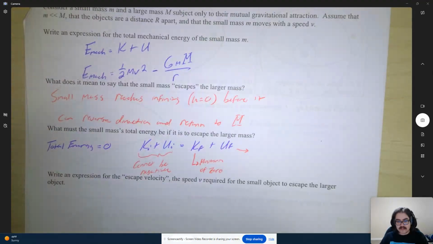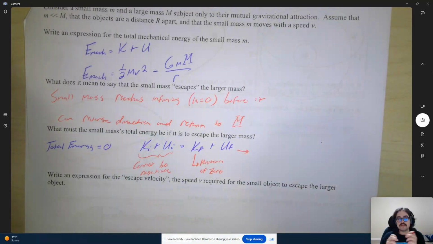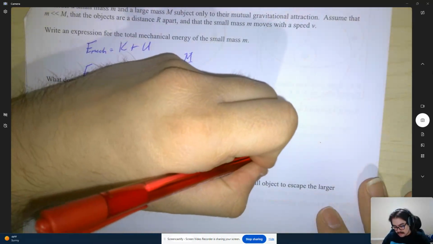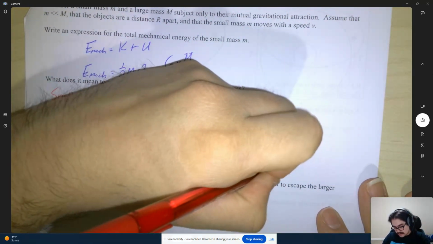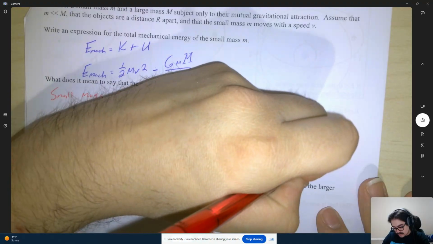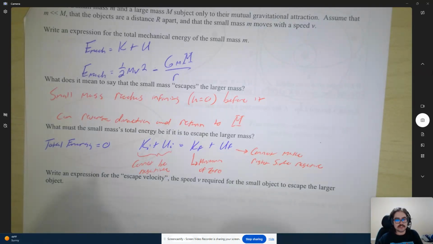The final gravitational potential energy will be a negative term that subtracts from the kinetic, but it cannot make the right side negative. That's showing why total energy should be equal to 0.